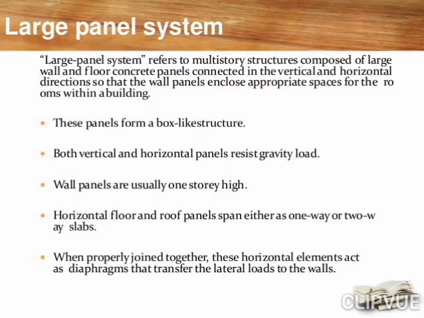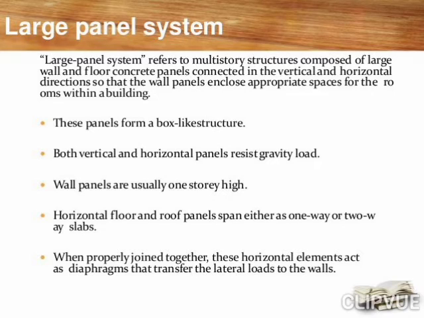Large panel system refers to multi-story structures composed of large wall and floor concrete panels connected in the vertical and horizontal directions so that the wall panels enclose appropriate spaces for the rooms within a building. These panels form a box-like structure.